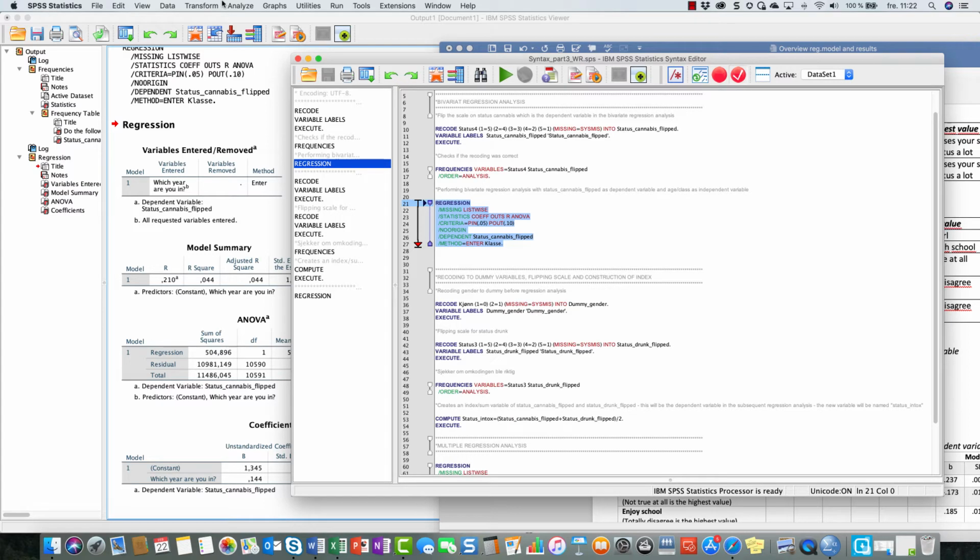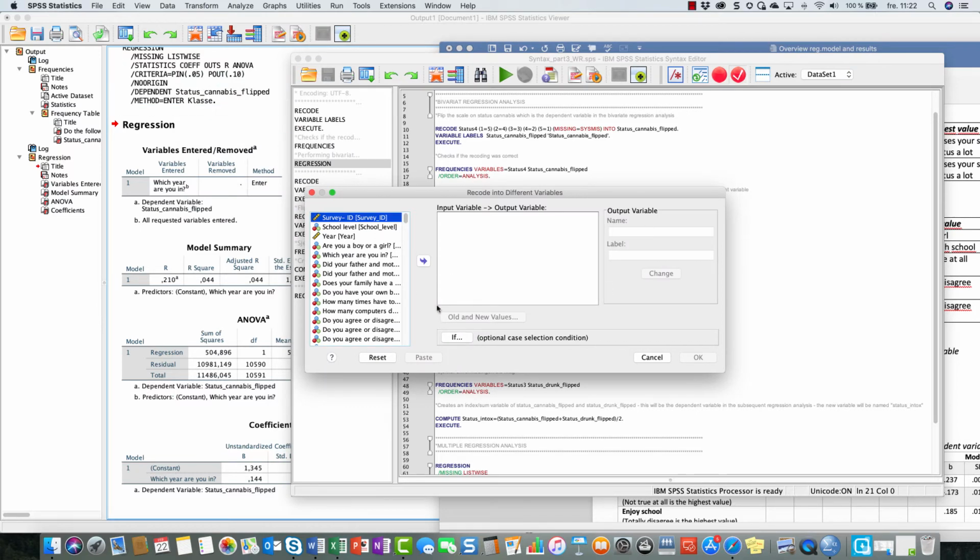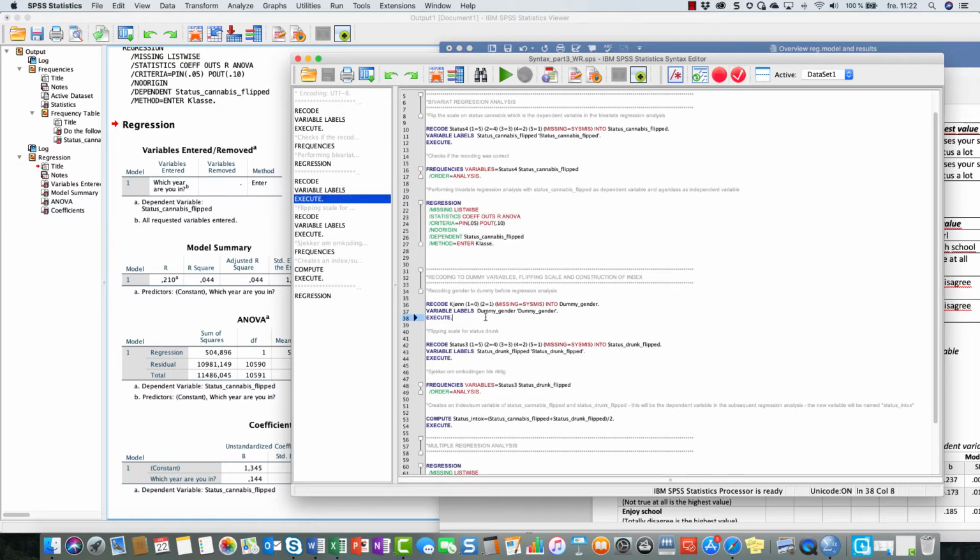As with flipping the scale, you go to transform, you go to recode into different variables, and since I've shown you this in the previous video, I'm not going to show it again, but that's what you do. Or if you want to recode a dummy variable, you can also just go into my syntax, which I'll put on Canvas, copy paste it and then change the values.